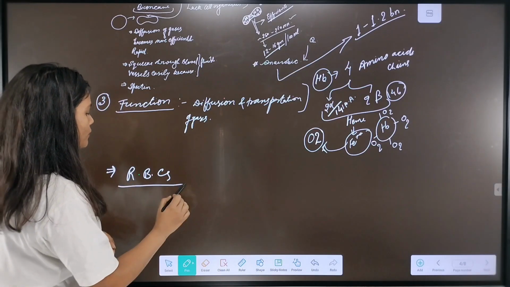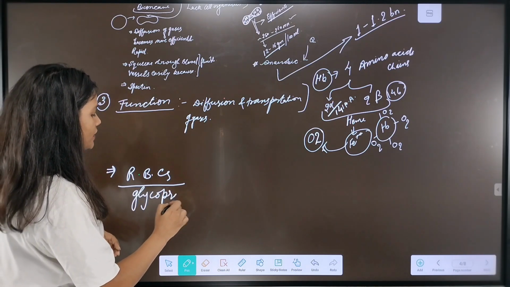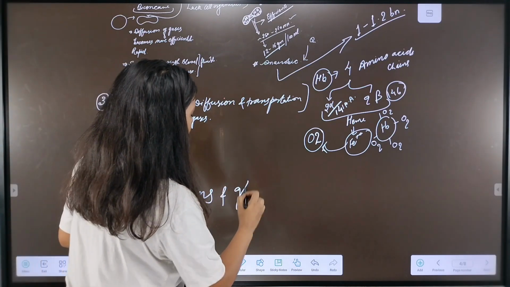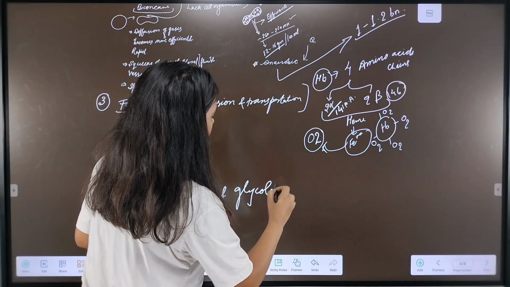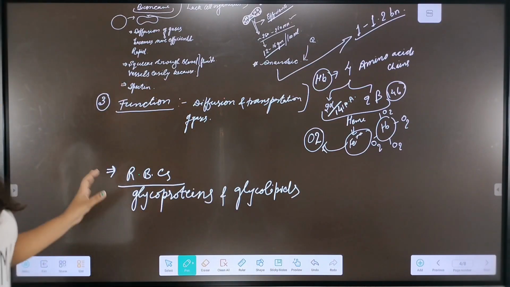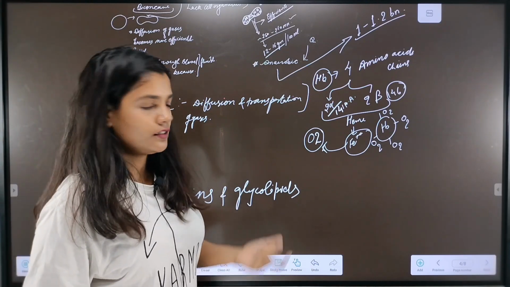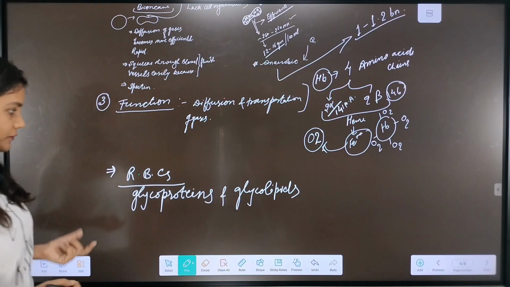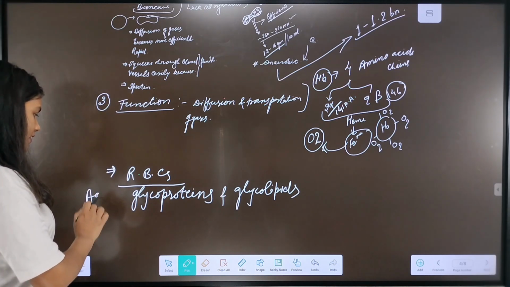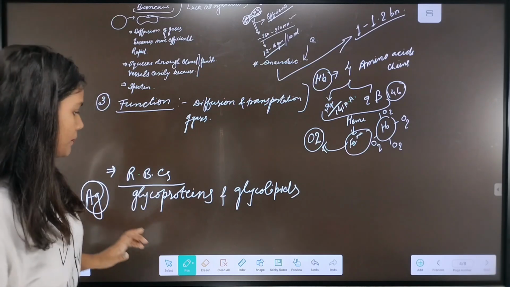There are some types of glycoproteins and glycolipids found on the surface of the RBCs that are responsible for the particular type of blood group. In simple language they are known as antigens, which we will discuss in detail in our next topic in the same series on blood grouping.